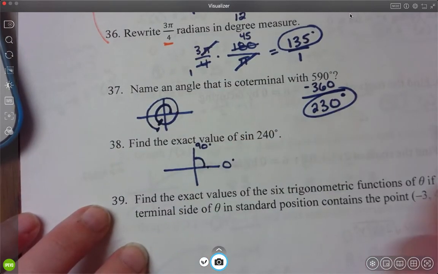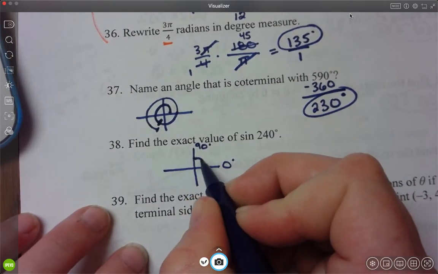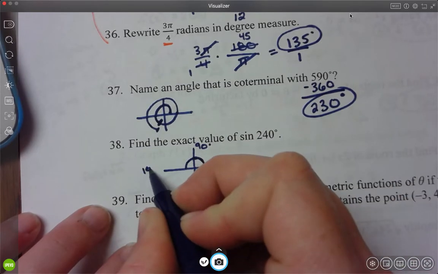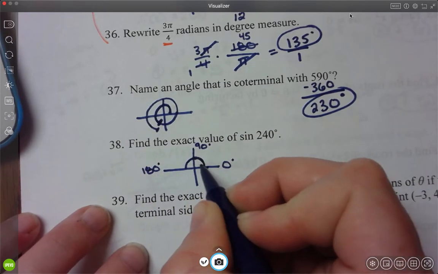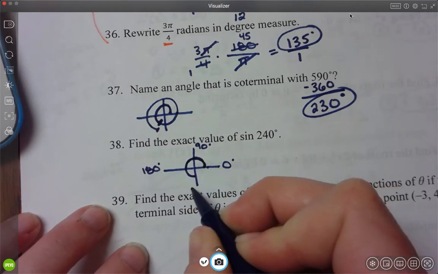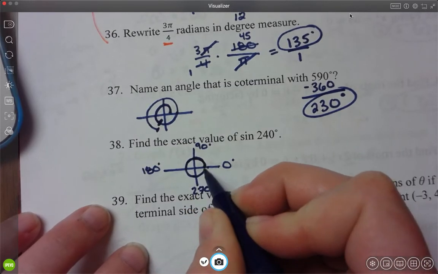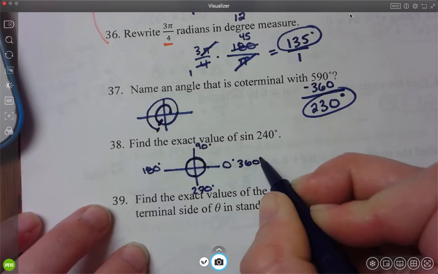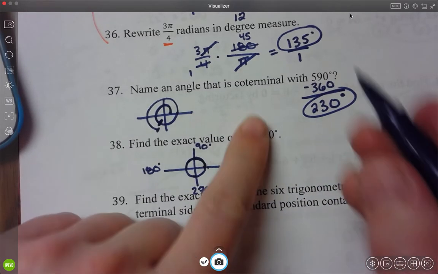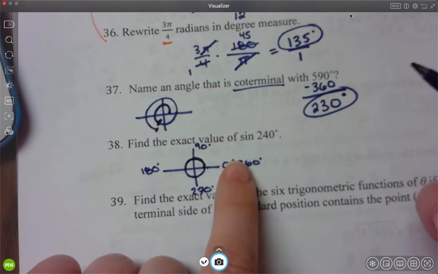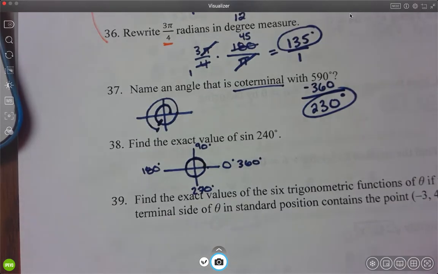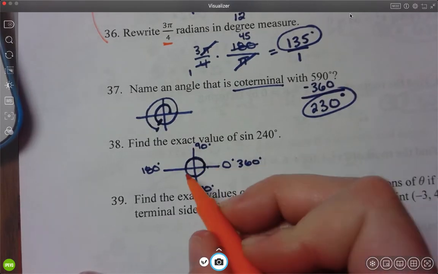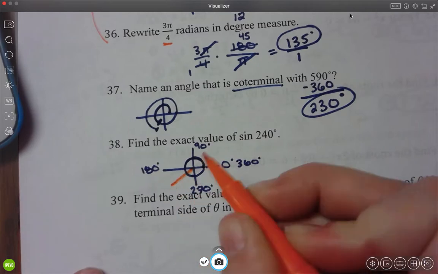Then from here all the way over to here, this is 180 degrees. And from here down to here, this is 270 degrees. And then I would get back to 360. So 360 and 0 degrees are coterminal with each other, because they land me in the same spot. So 240 degrees would be somewhere in here, between 180 and 270.